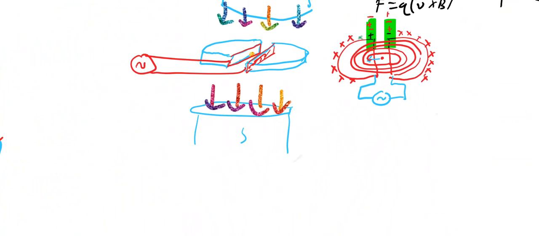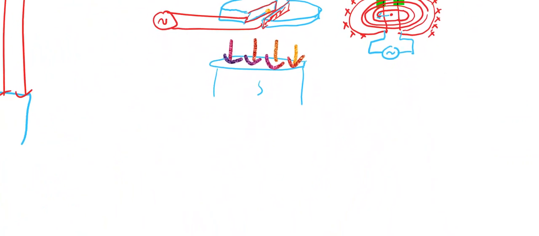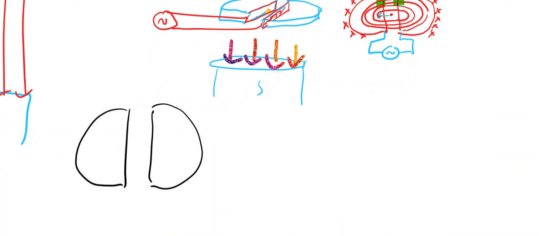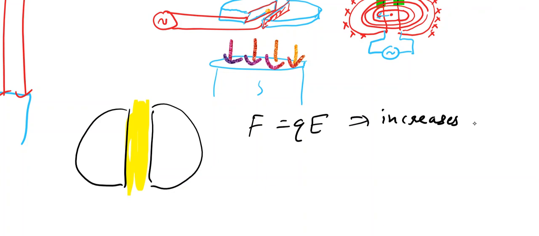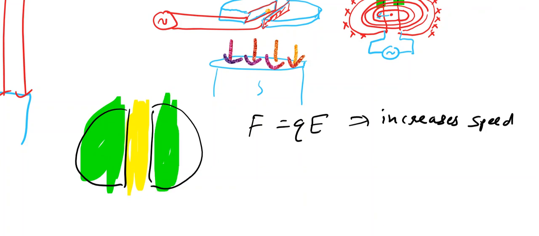Now the essential part here is, when the particle is in this region, what is happening with the particle? F is equal to QE force increases speed. When the particle is in this region, which force is prevailing there?